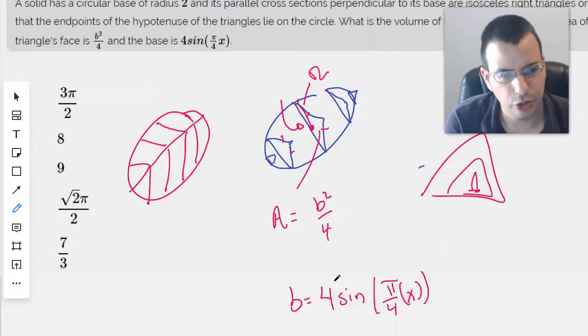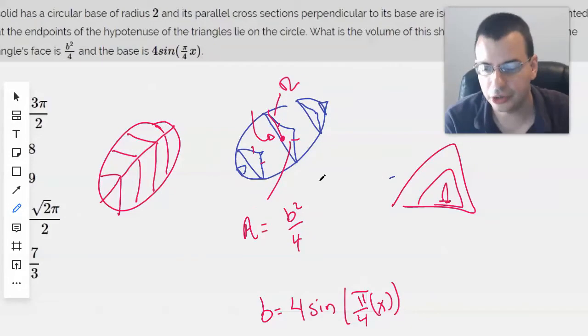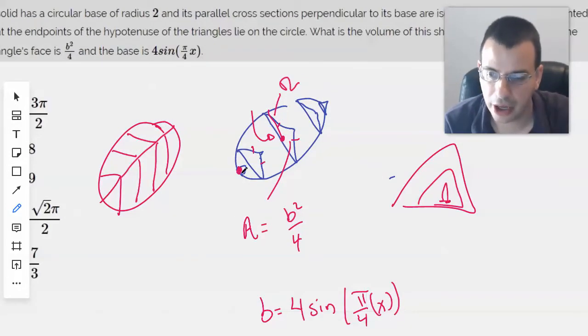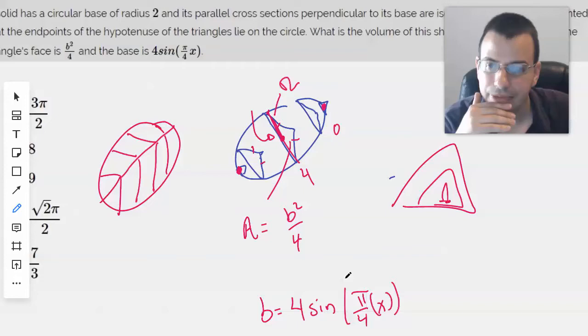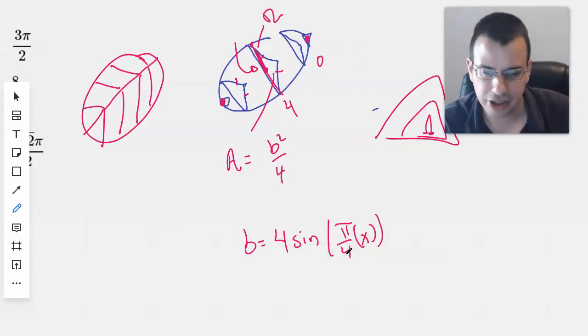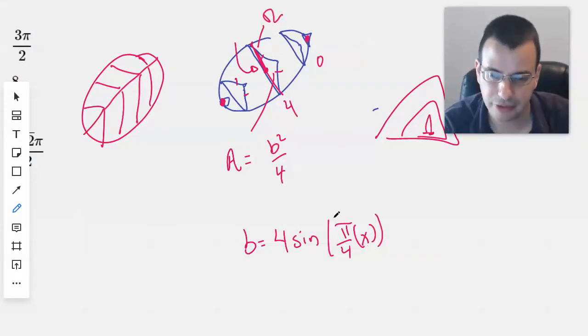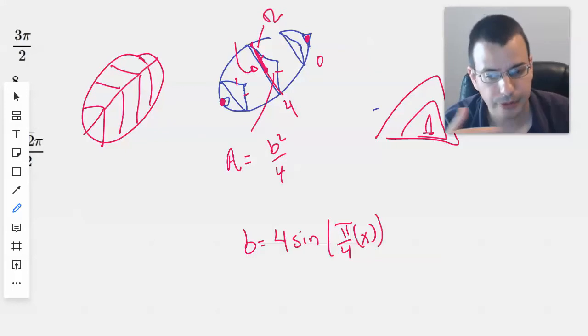The diameter of this circle will be 4. And so these triangles will range from a base of 0 to a base of 4 and back to a base of 0.